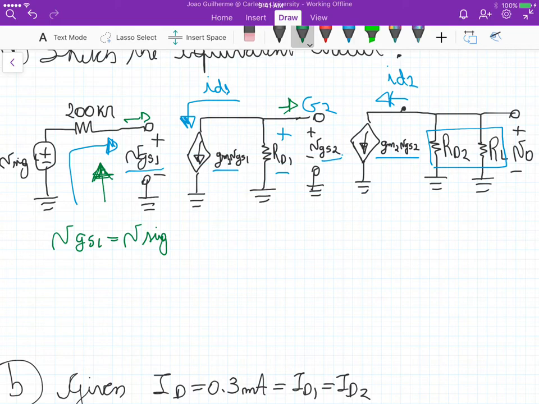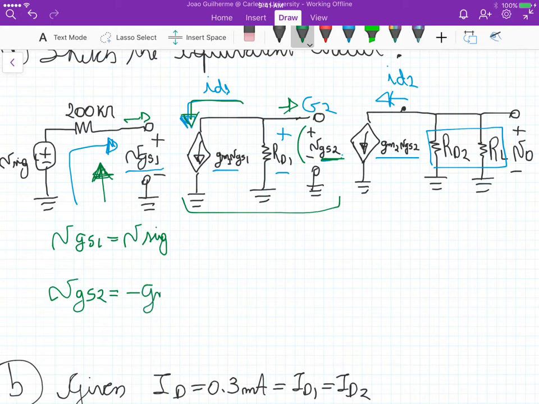And from this other part of the circuit, we know that VGS2 is equal to, because we are assigning plus minus here and the current flowing through the drain is counterclockwise, minus GM1 times VGS1 times RD.